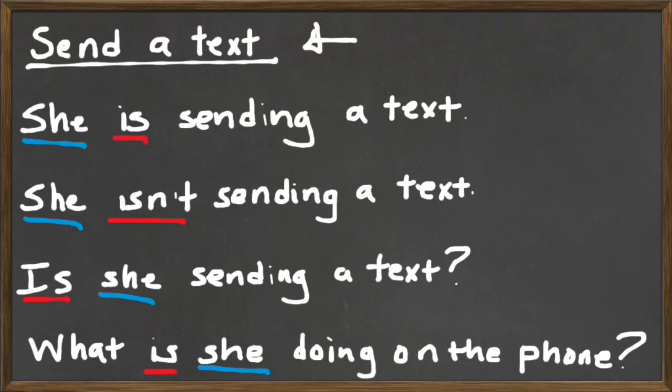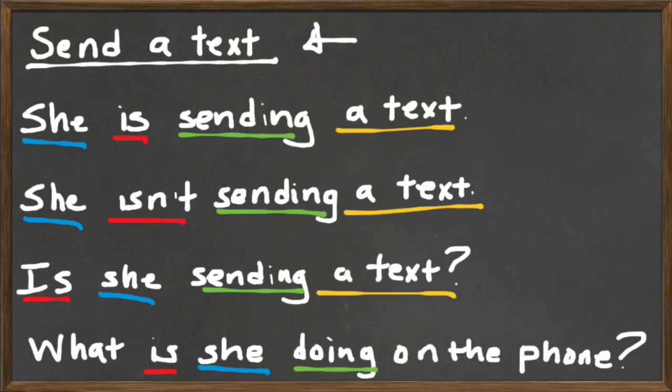If it were we, you, or they, it would be are. If we had I, it would be am. Now we have a verb plus ing: sending. Now we have a complement. We also do, which is almost always the same: a text and on the phone.